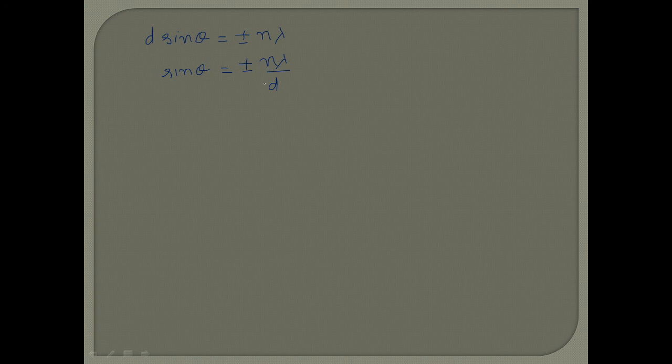Since the intensity becomes zero when sine alpha divided by alpha is equal to zero, then the intensity becomes zero.